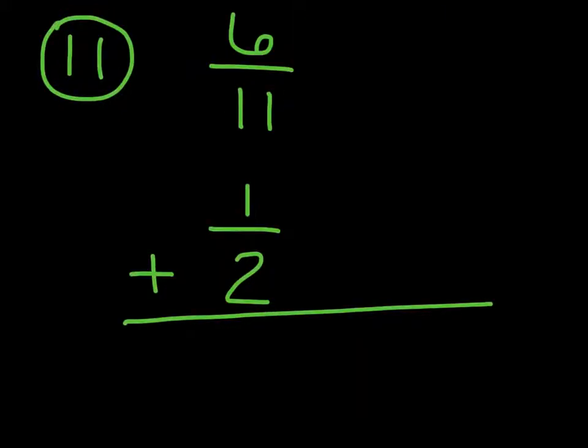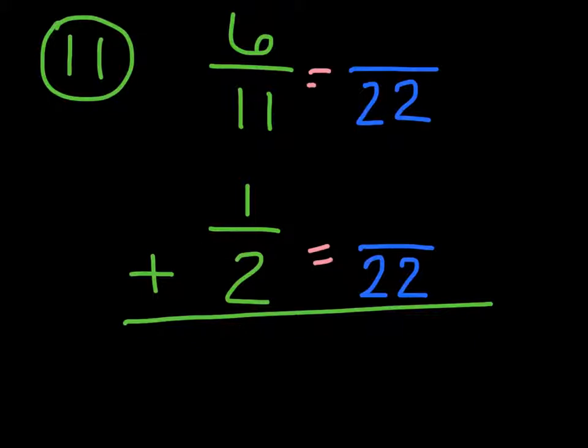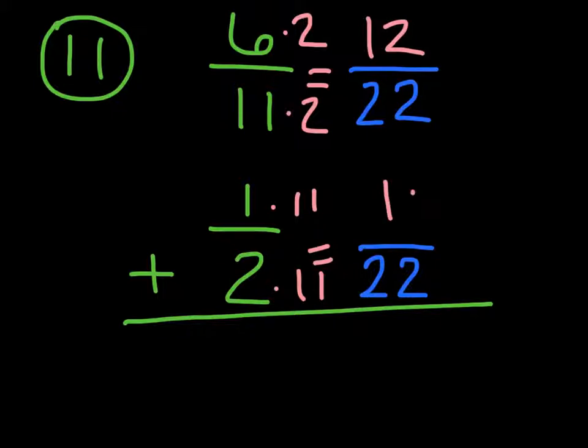Number 11, you have 11 and 2 as your denominators. Common denominator would be 22. Then you find your equivalent fractions. 11 times 2 is 22, so 6 times 2 gives you 12. 2 times 11 is 22, so 1 times 11 is 11. You're going to add up your numerators.